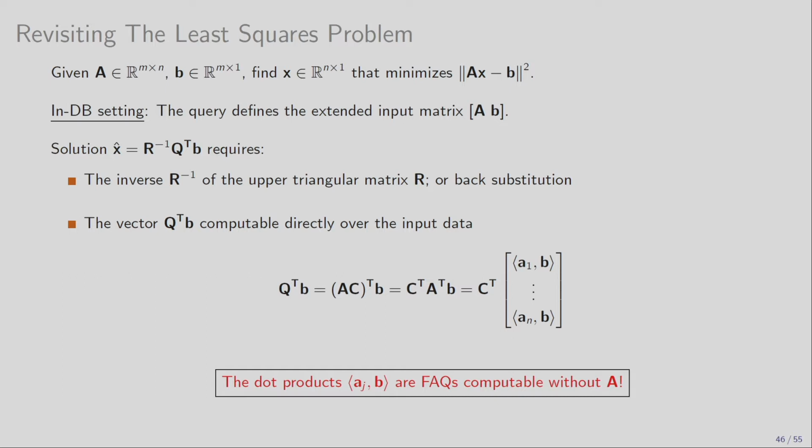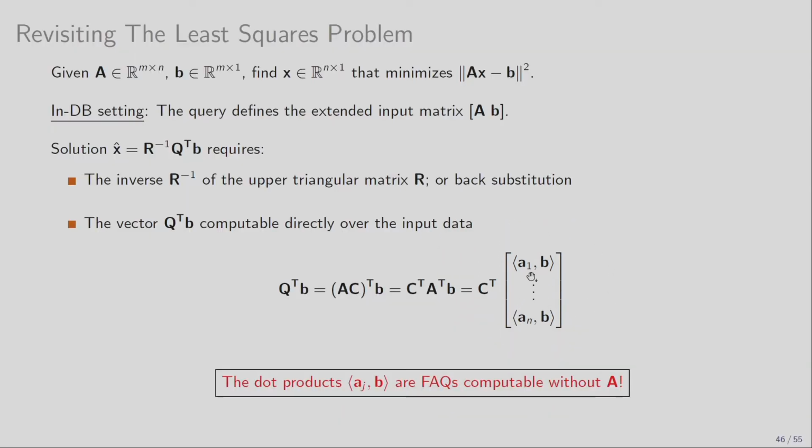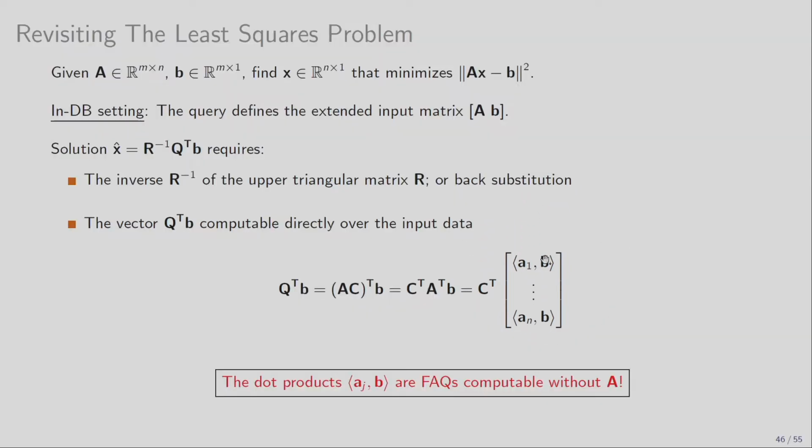So these are the interactions between the features and the label. Effectively, we can also compute this vector efficiently, without having to materialize any of the vectors A1 to An.